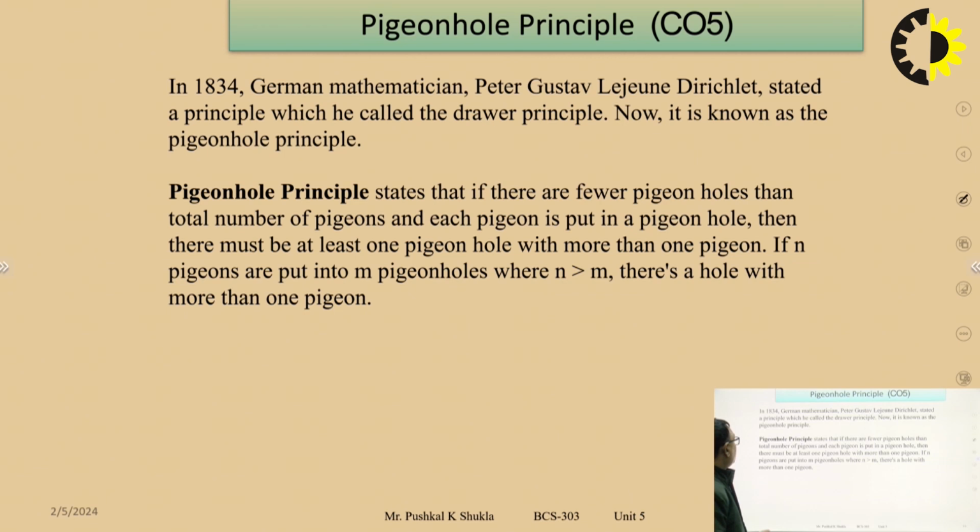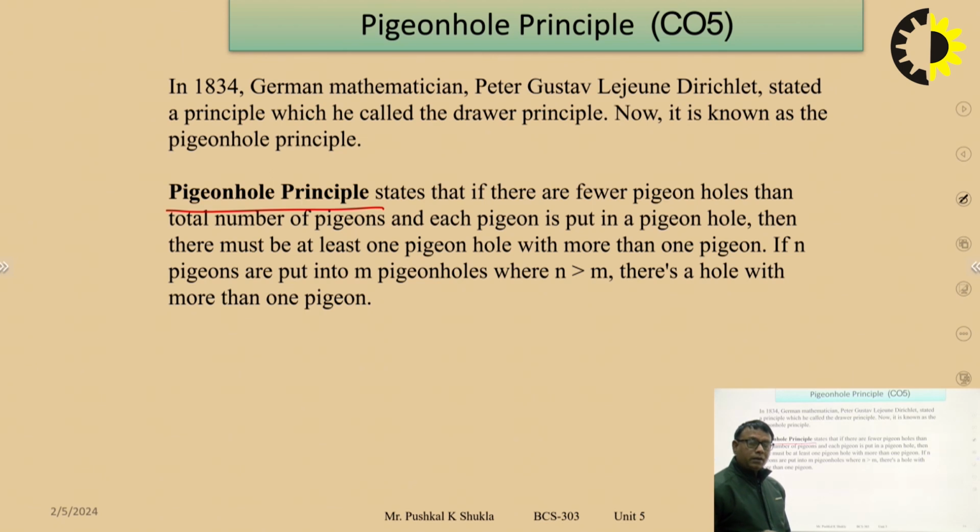Next, the pigeonhole principle. In 1834 the German mathematician Peter Gustav Dirichlet stated a principle which is called the drawer principle and known as the pigeonhole principle.